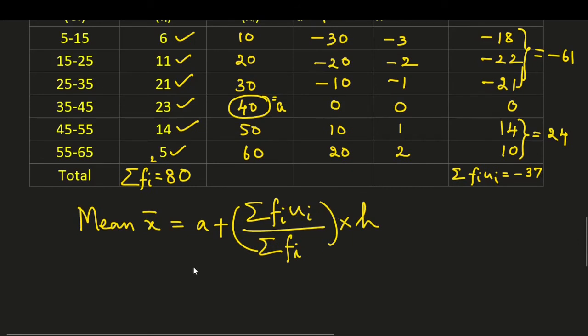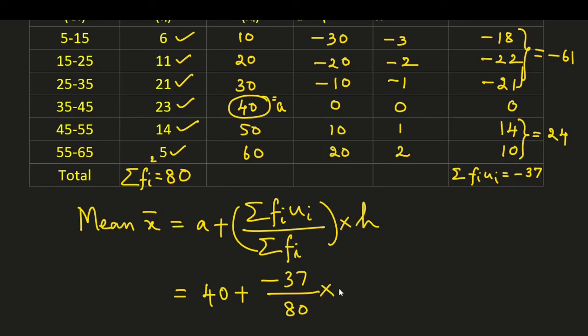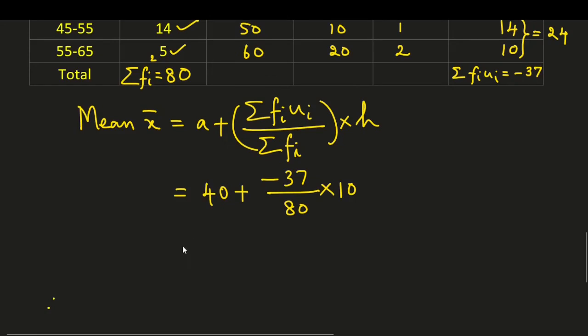Now let us substitute the values. Assumed mean a is 40 plus sigma fi ui is minus 37 by sigma fi is 80 into h is 10. So we are getting 40 minus 37 by 8.